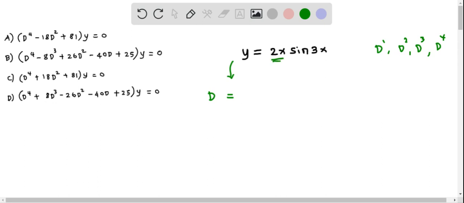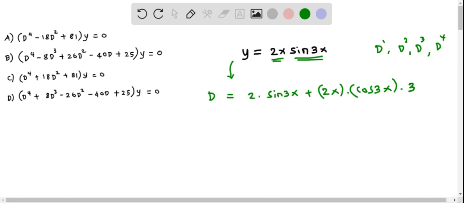Now I can use the product rule here because 2x is one part, and sine 3x is another term. The derivative of 2x is 2, multiplied with sine 3x. And then we keep the first function as it is, multiply with the derivative of sine 3x, which is cos 3x, and then we apply the chain rule: the derivative of 3x is 3.